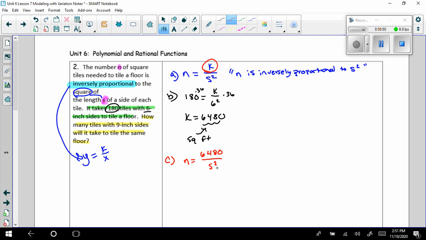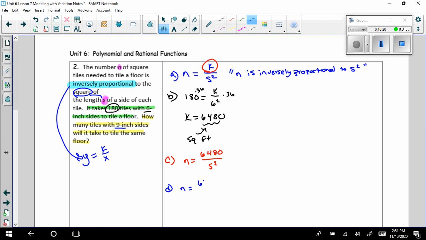All right, well, that makes sense. When I take s squared, I have the square feet for each tile. And then when I divide 6,480, which is the total square feet, by that, I will have how many total tiles I should get. So make sure your answers are making sense as you go. I want to know how many 9-inch side tiles I need. So I'm just going to plug that in for s.